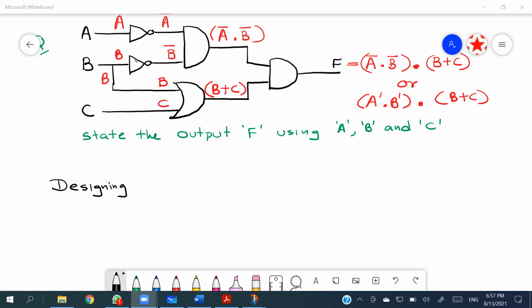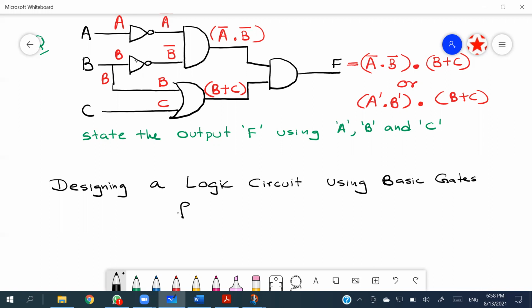Okay, so what we are going to do is designing a logic circuit using basic gates for a given expression.